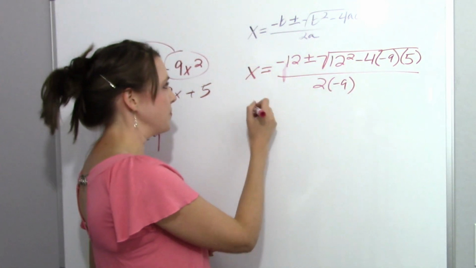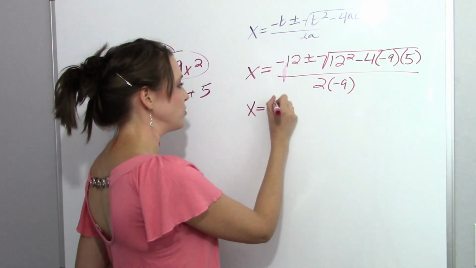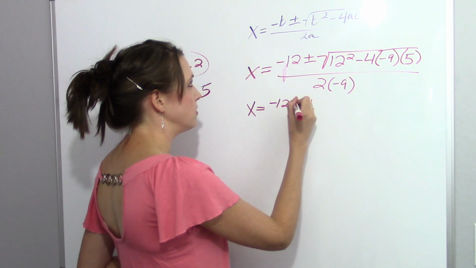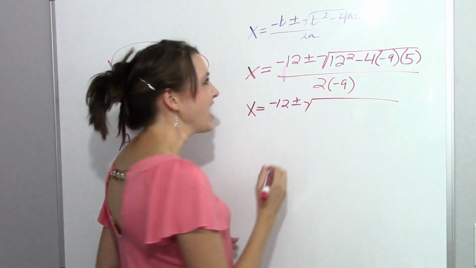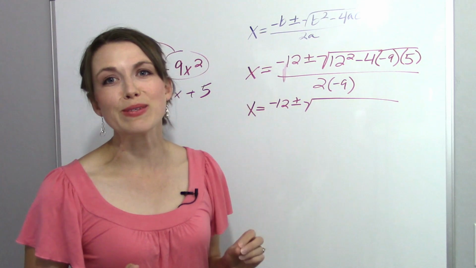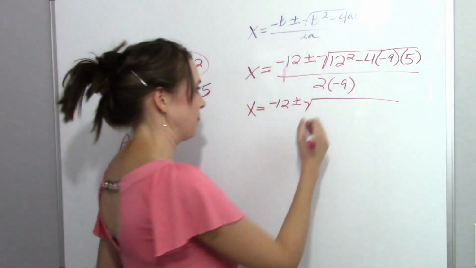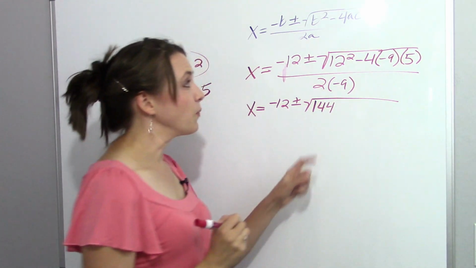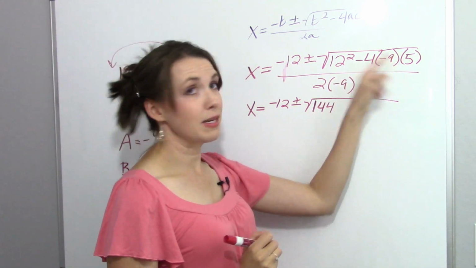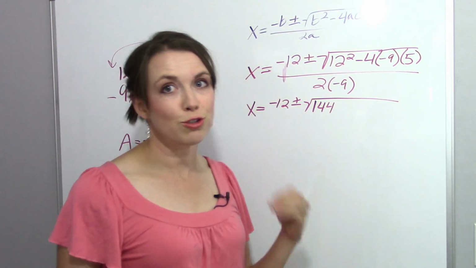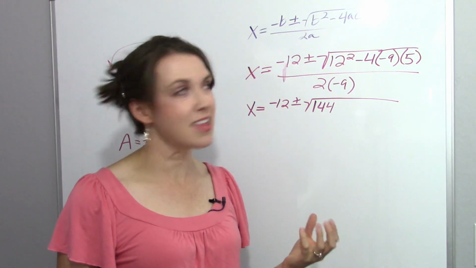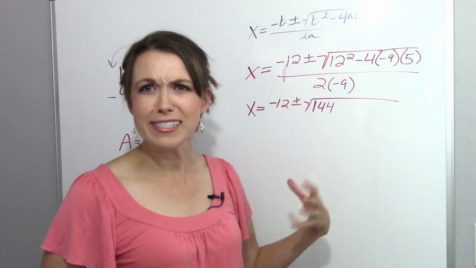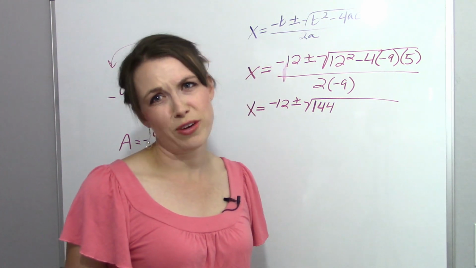Okay, so we have x is equal to negative 12 plus or minus the square root of 12 squared. 12 squared is 144. Okay, now we have 4 times 9 times 5. If I'm going to do this as mental math, 4 times 9 is 36, and 36 times 5 is kind of tricky for me.